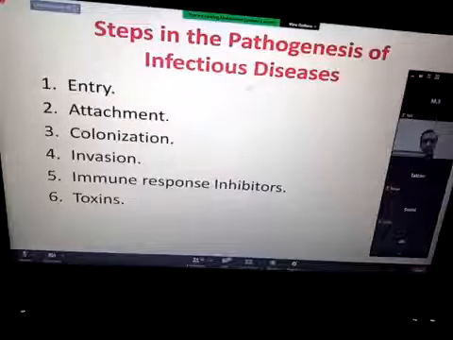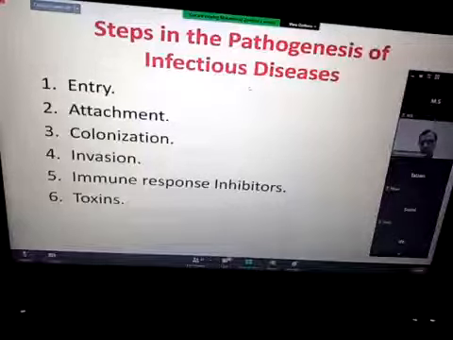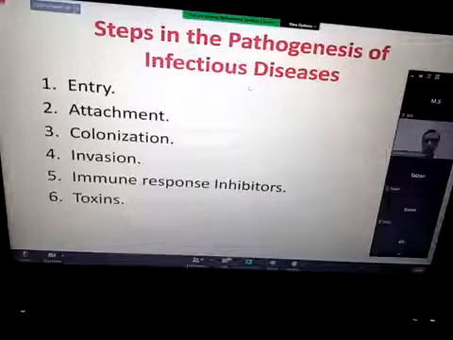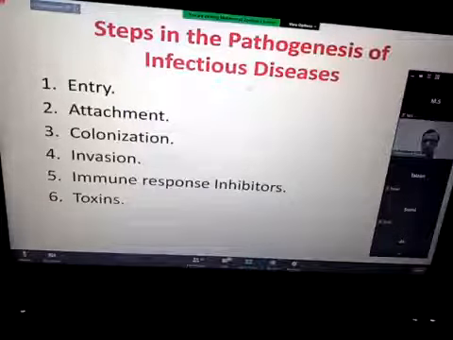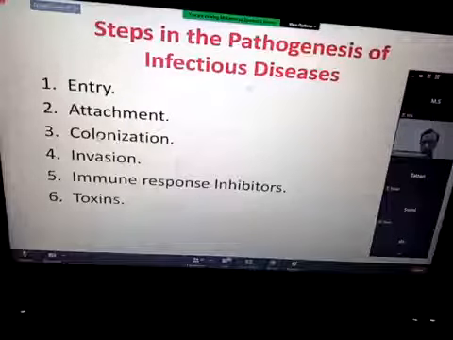So it colonizes there. After colonization, it starts to release virulence factors, and then the pathogen invades the human body. After that, there will be an immune response which inhibits or progresses the disease, and the pathogen also produces toxins. So these are the primary steps in the pathogenesis of infectious diseases.